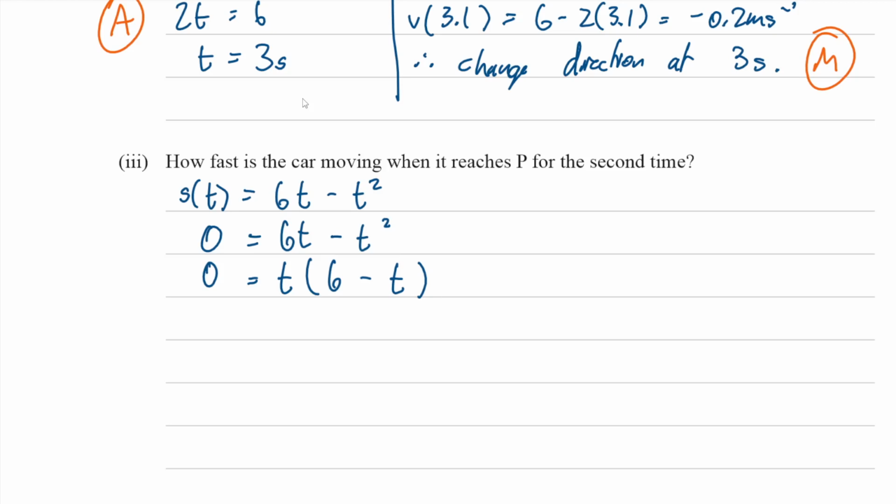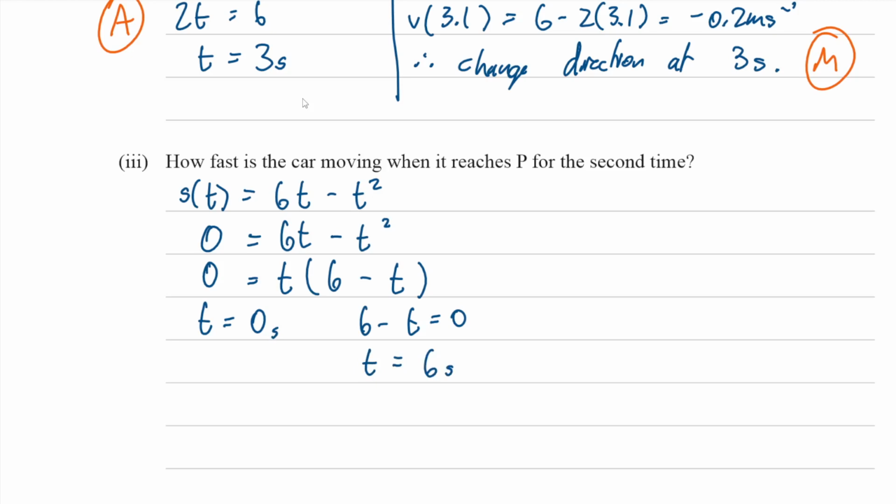Yep, so pulling out the common factor of t. And for us to solve this, either t must equal 0, or 6 minus t must equal 0. So, t equals 0, or 6 minus t equals 0, so t would equal 6 seconds. So let's have a think, what does that mean?